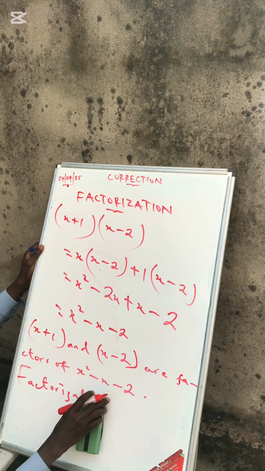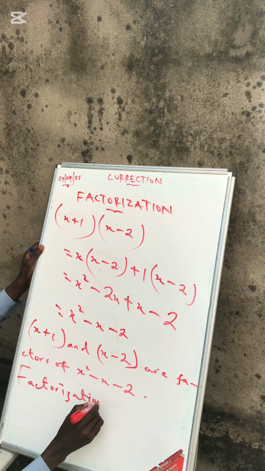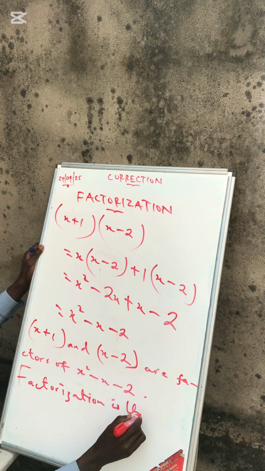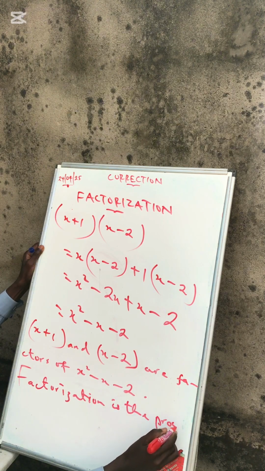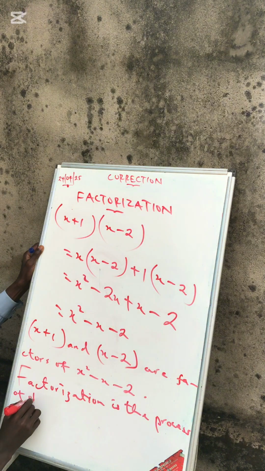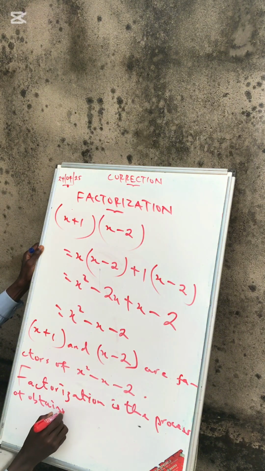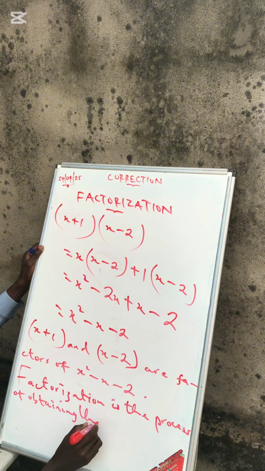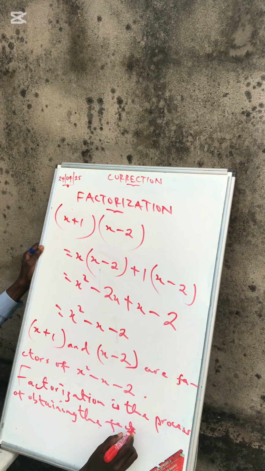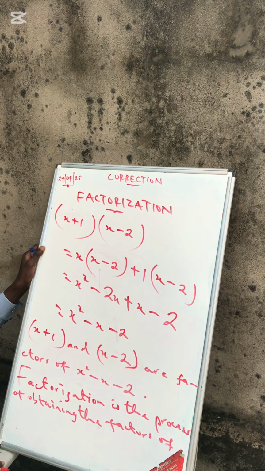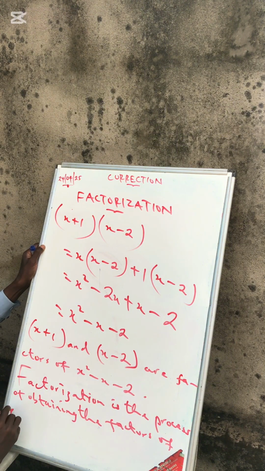Factorization is a process of obtaining the factors of a product.